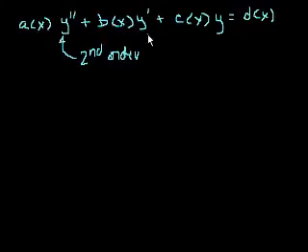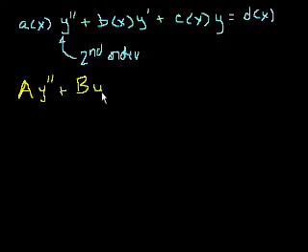And now before we start trying to solve this generally, we'll do a special case where a, b, c are constants and d is 0. So what will that look like? I could just rewrite that as a, and now a is not a function anymore, it's just a number, times the second derivative of y with respect to x plus b times the first derivative plus c times y.